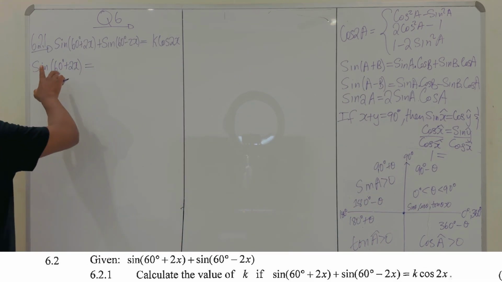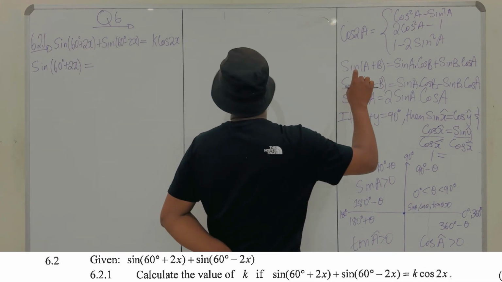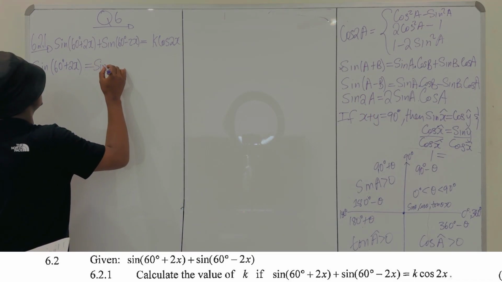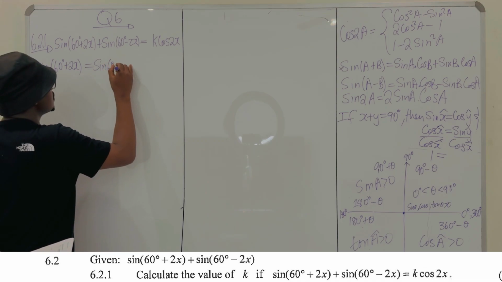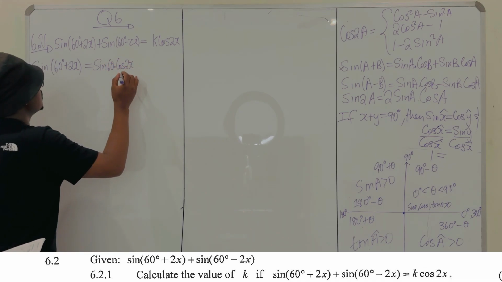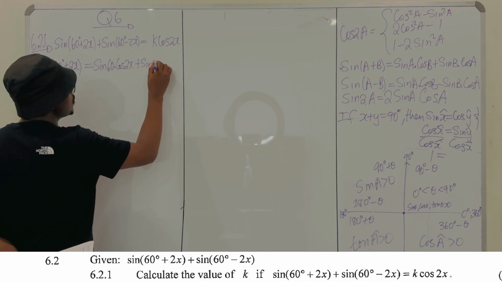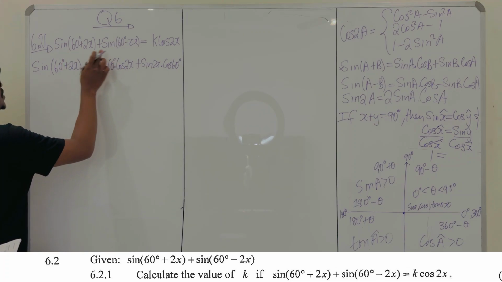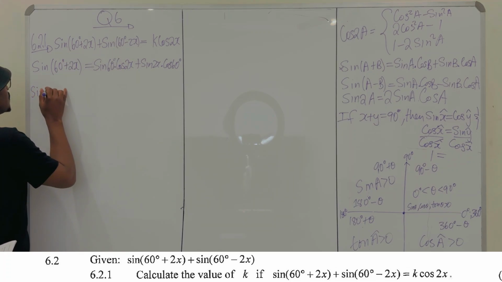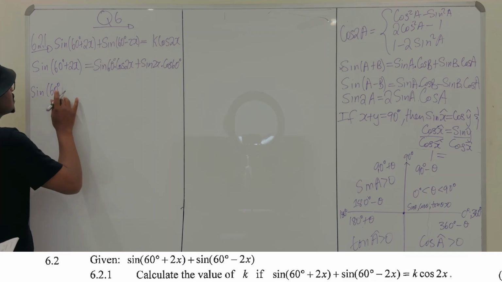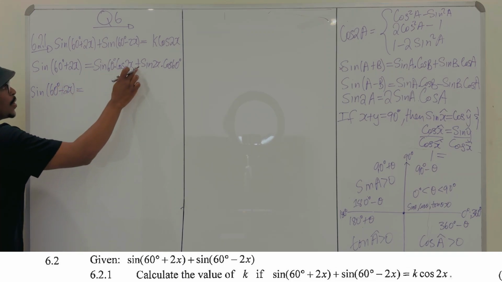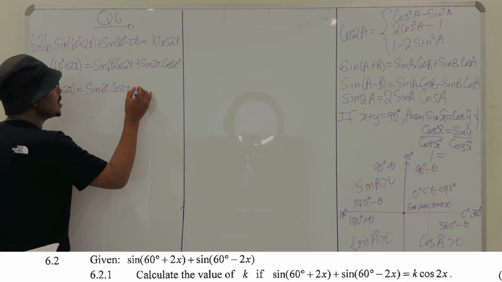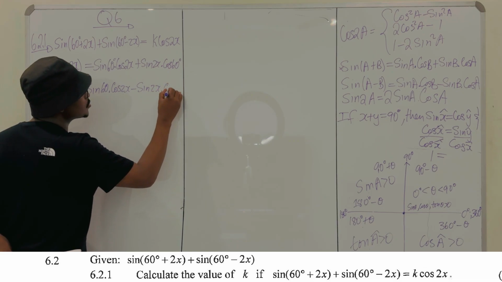So in this case, if we expand according to the first identity, it's going to be sine of 60 degrees times cosine of 2x plus sine of 2x times cosine of 60 degrees. If you go to the second one, which is sine of 60 degrees minus 2x, it's going to be similar but with a negative: sine 60 degrees cos 2x minus sine 2x times cosine of 60 degrees.